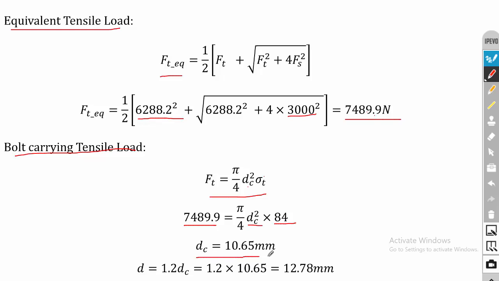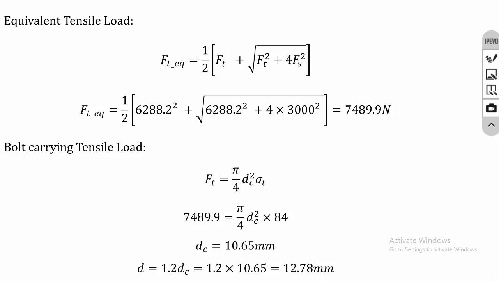The calculated dc value is 10.65 mm, and we know that d is equal to 1.2 times dc, so it is 1.2 times 10.65. So I can calculate the nominal diameter d as 12.78. Here I have calculated diameter d.